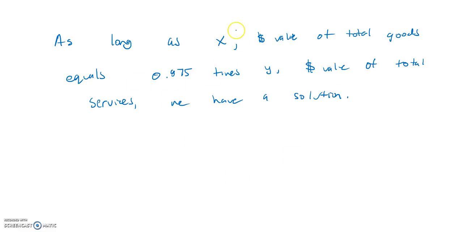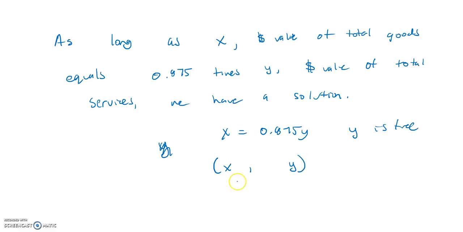Okay, so if I look at this equation now and I say x equals 0.875y, and y is free, that means any ordered pair of the form x, y, as long as x is 0.875 times y, and y can be anything, I can find infinitely many ordered pairs.